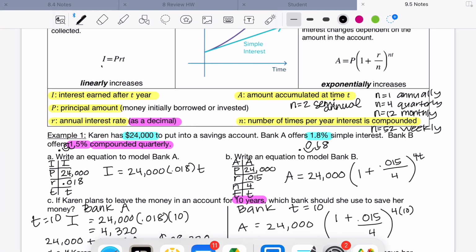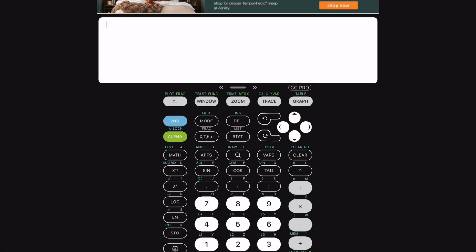Just make sure you plug it into your calculator properly. So it's going to be 24,000 times 1 plus 0.015 over 4 for that quarterly. And then we're going to raise that to 4 times 10. And there we go. It's money.